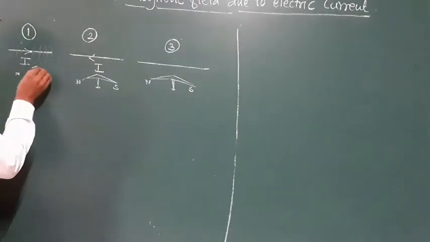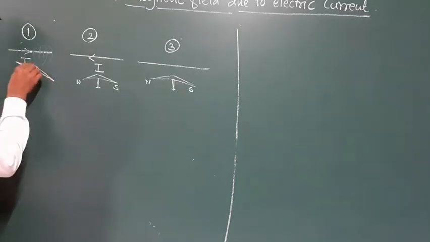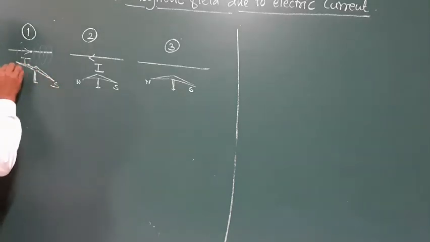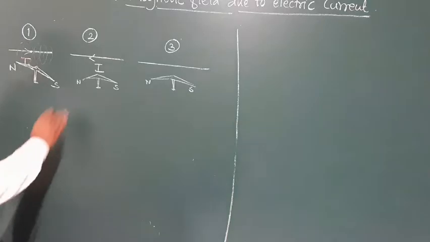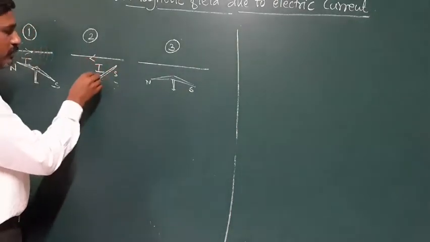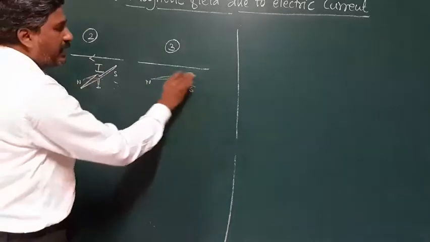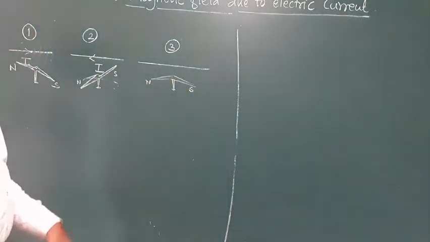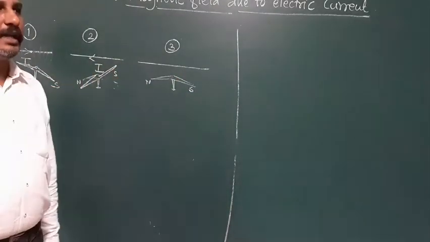The south pole goes downward and the north pole comes upward. In the opposite case, the south pole goes upward and the north pole comes downward. And when no current is there, there is no deflection in the magnetic needle.